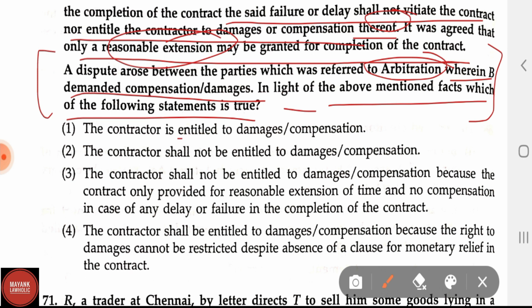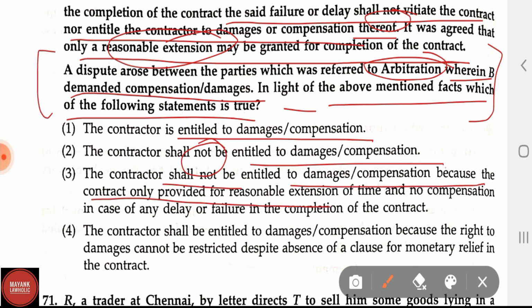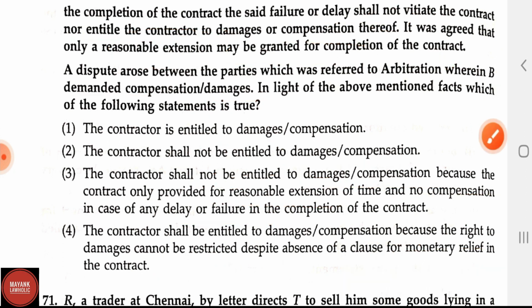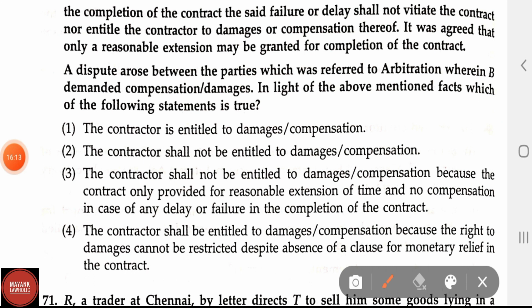So options are: the contractor is entitled to damages or compensation; the contractor shall not be entitled to damages or compensation; the contractor shall not be entitled to damages or compensation because the contract only provides for reasonable extension of time and no compensation in case of any delay or failure in the completion of the contract; the contractor shall not be entitled to damages or compensation because the right to damages cannot be restricted despite absence of a clause for a monetary relief in the contract. So in this question, statements 1 and 2 are not to be considered.